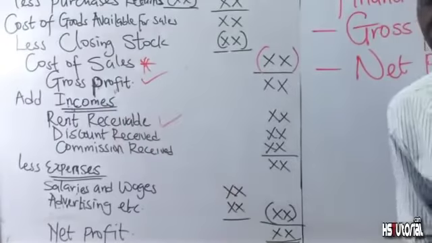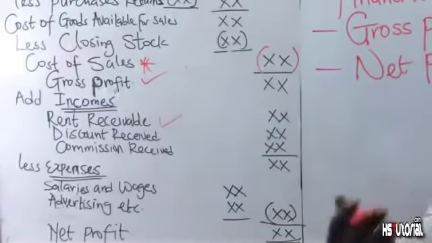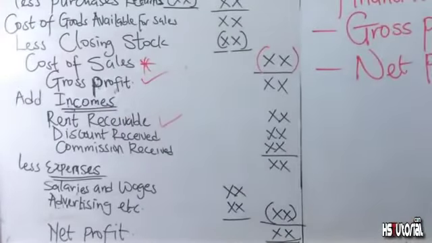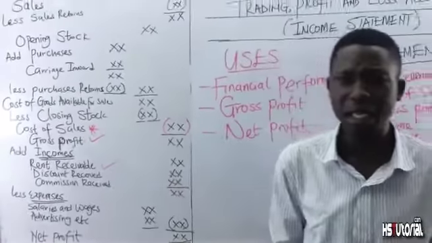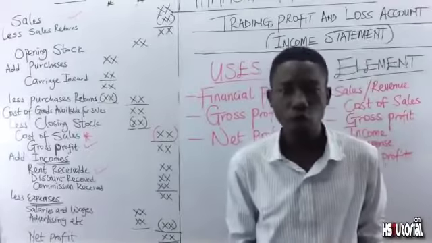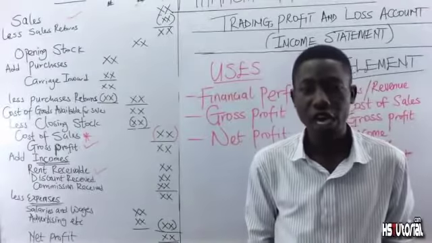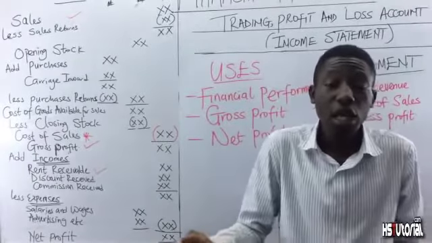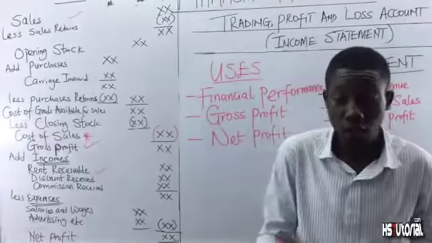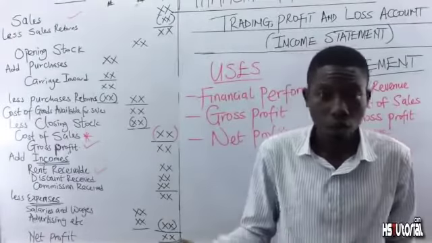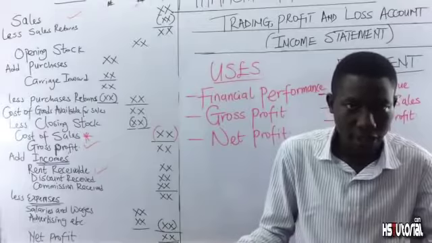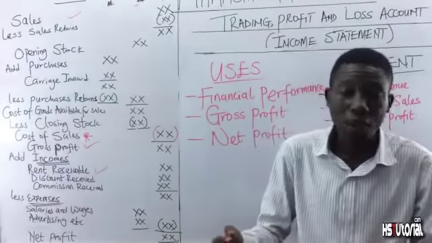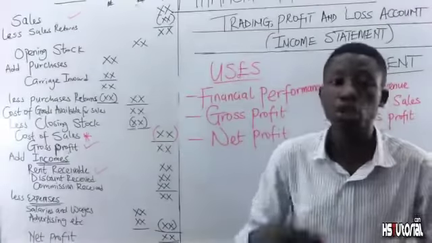Discounts received. That is the discount you received from your supplier. Let's assume you were expecting to buy a certain amount of goods for 5,000 naira. The supplier notices that you are a good customer, you pay well, or you buy in bulk, so the supplier reduces the price for you.